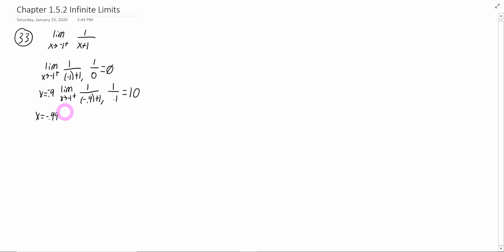So this is going to be the limit as x goes to -1 again from the right of 1 over -0.99 plus 1, which gives us a result of 1 over 0.01, and this is equal to 100.